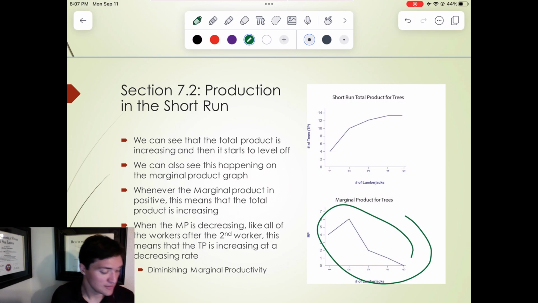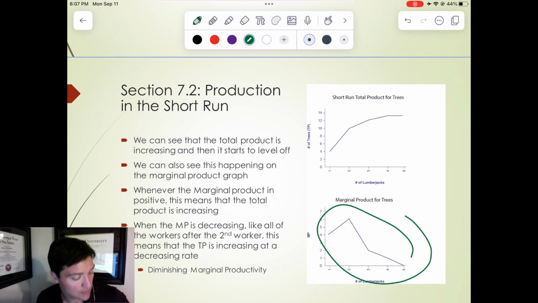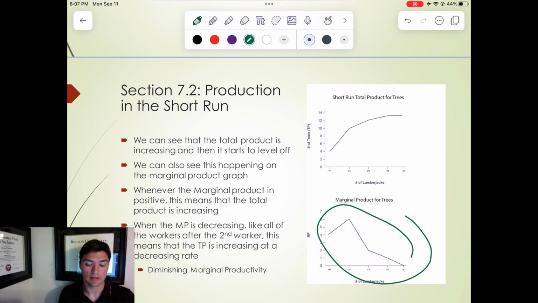When the marginal product is decreasing, right, that is where it's going downwards. So if you're reading left to right, when you hire the first worker, you're at 4. When you hire the second one, it's increasing, right? So it's going up. But then when you hire the third worker, fourth, and fifth, it starts to go down. So when marginal product is decreasing, that is where total product is increasing, but at a decreasing rate.